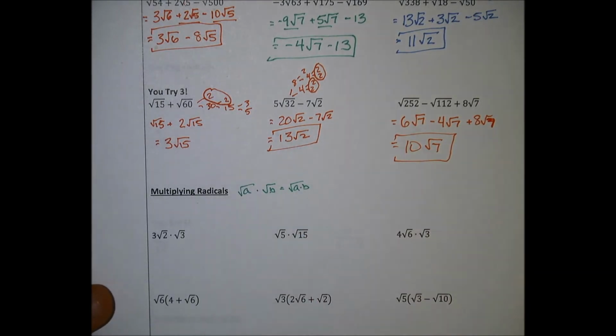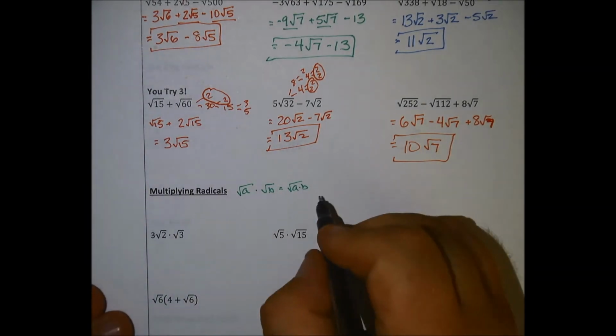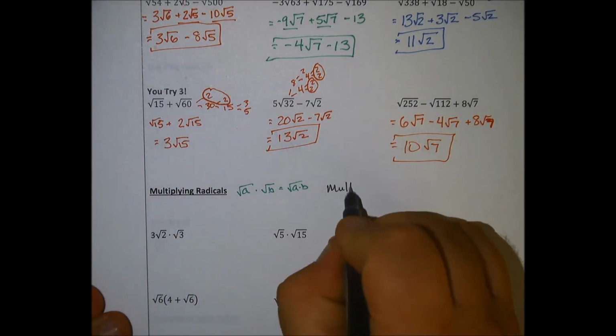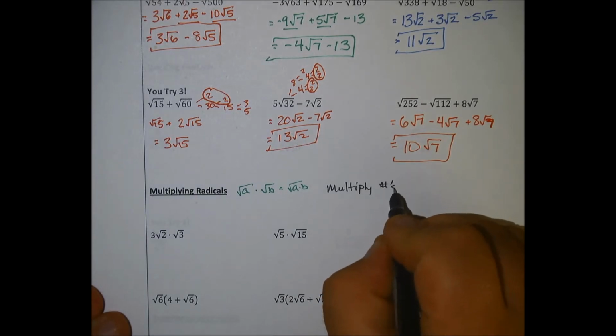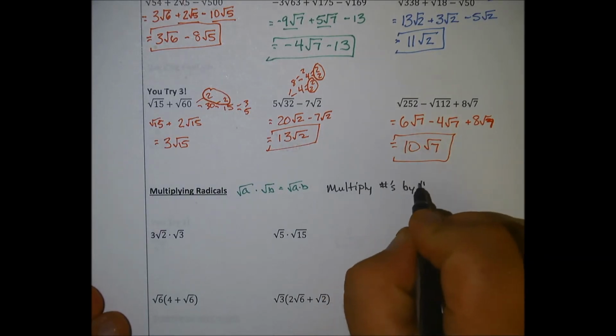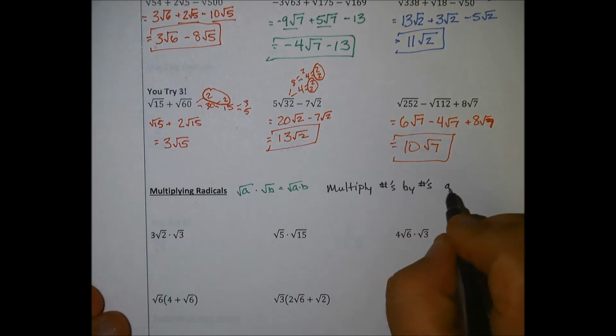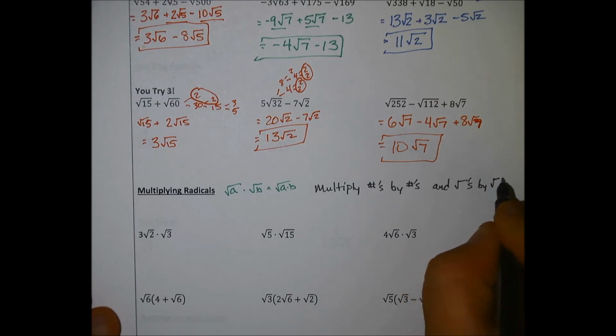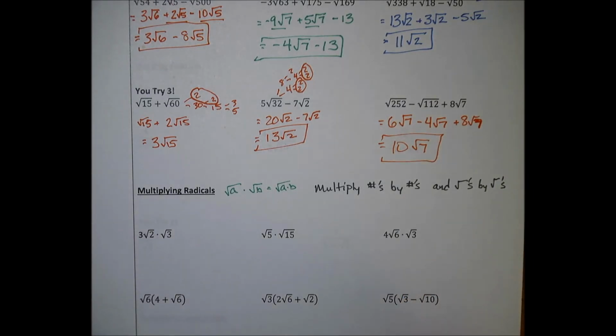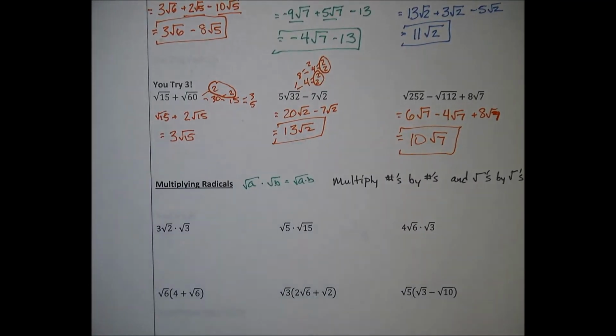But the big idea is that what you really want to do is multiply numbers by numbers and radicals by radicals. And then we can simplify if we have to at the end.